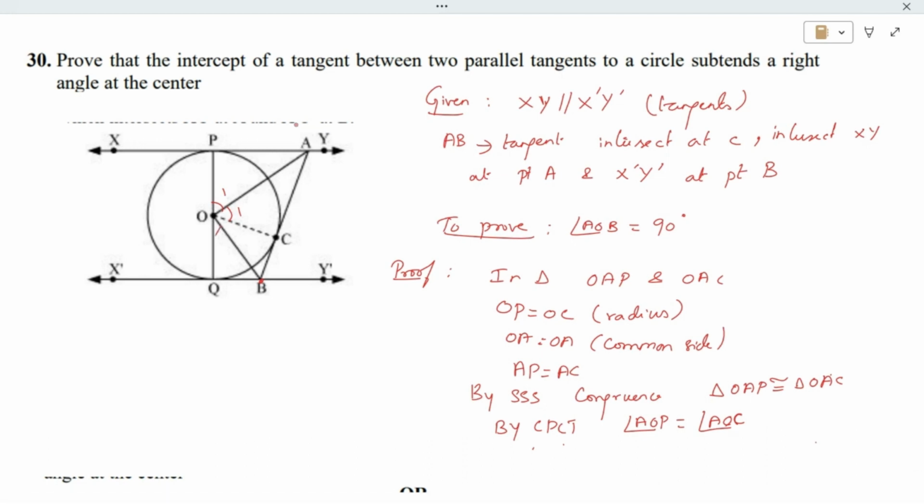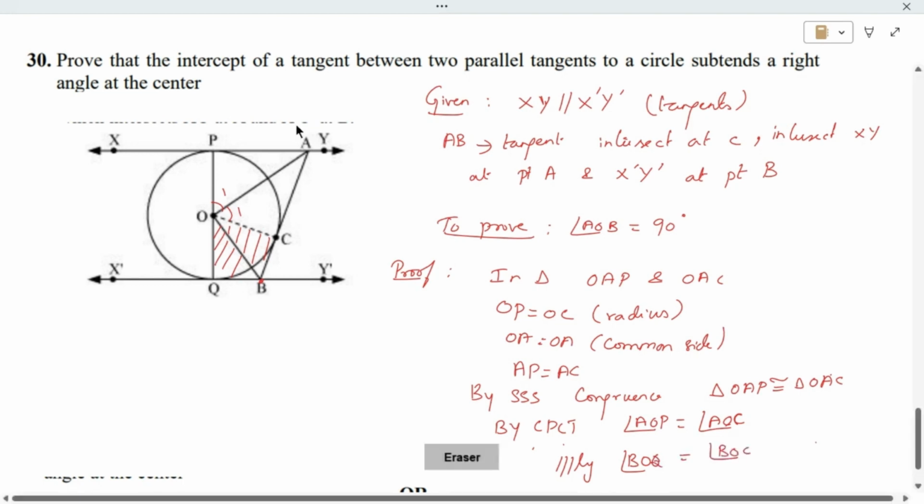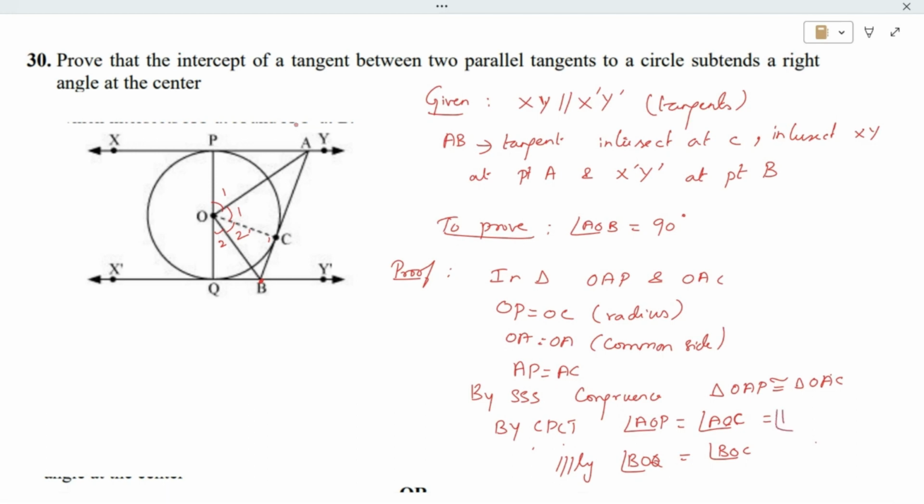Now if I consider these two triangles again, I can prove by congruency that these two triangles are congruent to each other. So I can say similarly angle BOQ is equal to angle BOC. So I am taking these two as angle 2 since they are equal, right? So I know angle AOP is equal to AOC is equal to angle 1 and angle BOQ is equal to BOC is equal to angle 2.